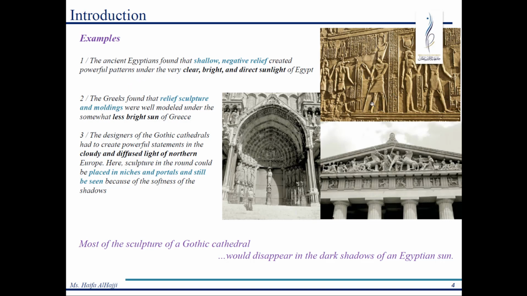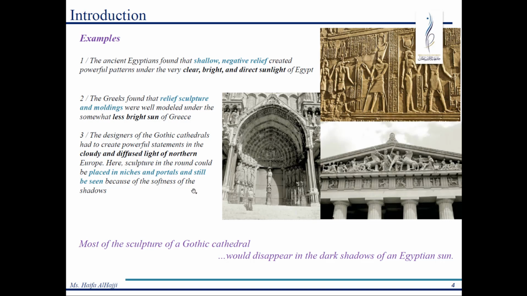These engravings are very shallow and they took into consideration the type of sunlight falling on them. As we know, the type of sky in Egypt is clear sky, so the sunlight is very direct and very bright and clear. So they had to be measured to create these very dark shadows and make the drawings more prominent and more alive.